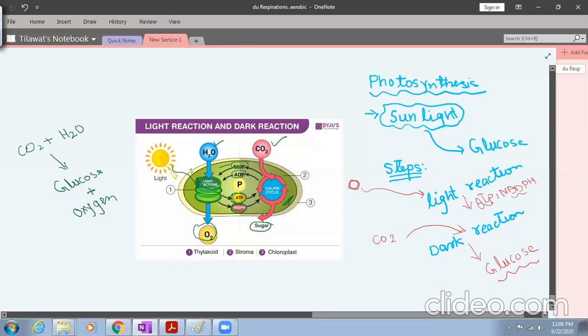Now we will move towards the steps that are involved in light reaction.